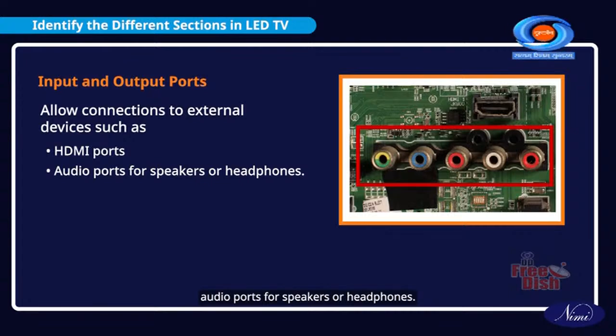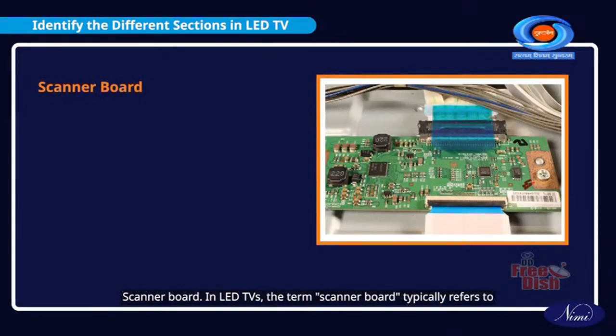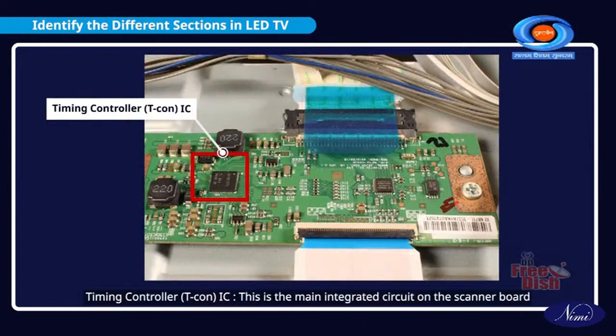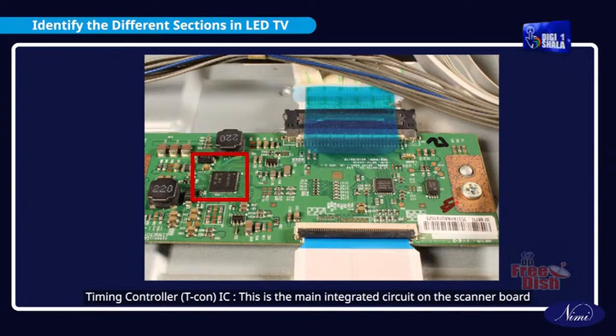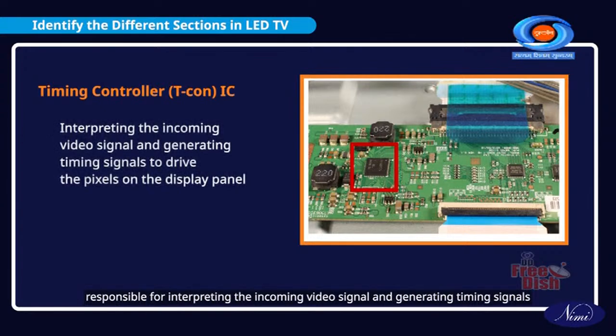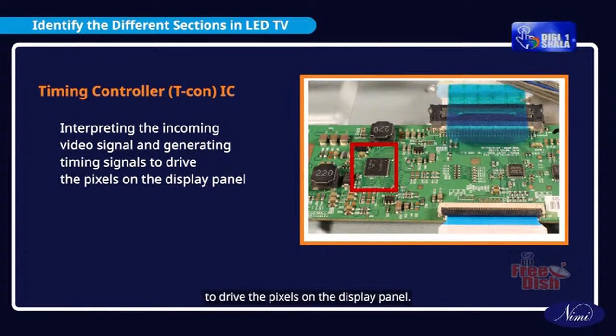Scanner board. In LED TVs, the term scanner board typically refers to the T-con board, timing control board, also known as the timing controller. Timing controller T-con IC. This is the main integrated circuit on the scanner board responsible for interpreting the incoming video signal and generating timing signals to drive the pixels on the display panel.